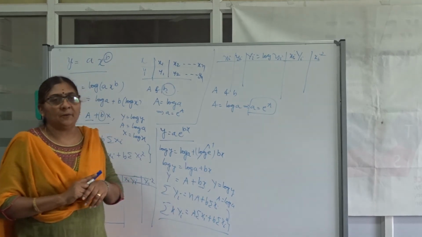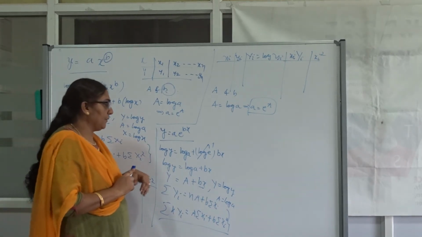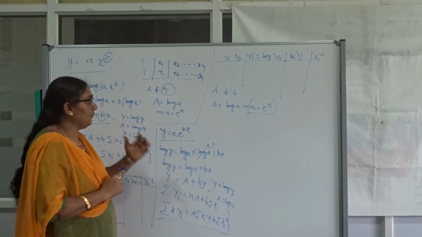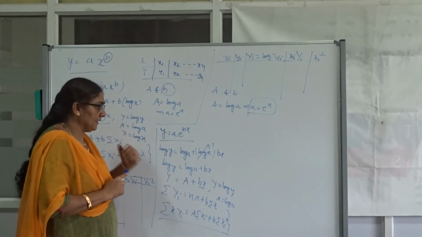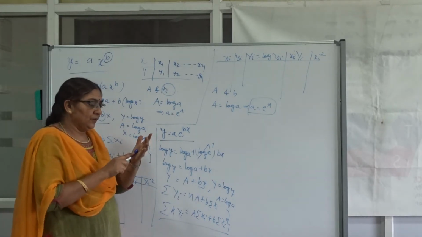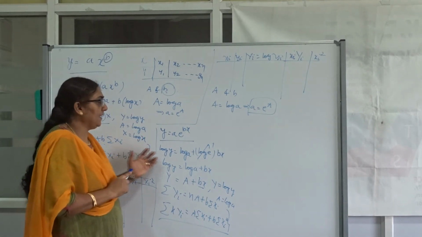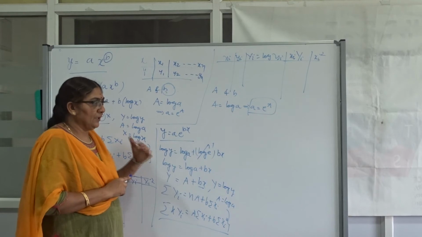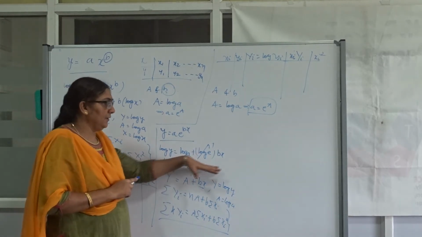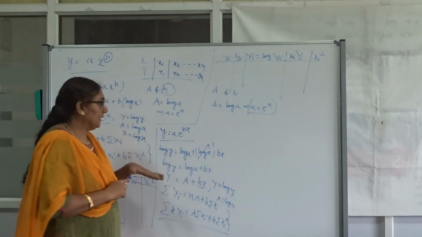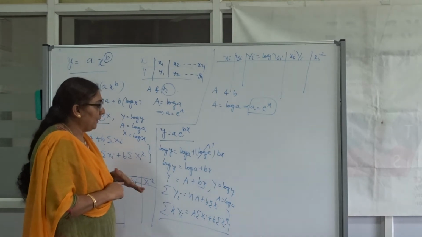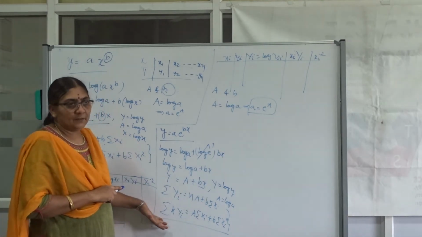Otherwise, you convert it into the form of a polynomial and then write the normal equation. How to write the normal equation? Take the unknowns involved in the general equation one by one. For each unknown, take the term having its coefficient, multiply the entire equation, and take summation on both sides. Continue this process until you reach the last unknown in the general equation. Automatically, we get the normal equations from this.